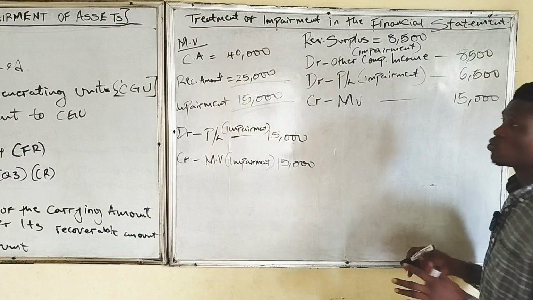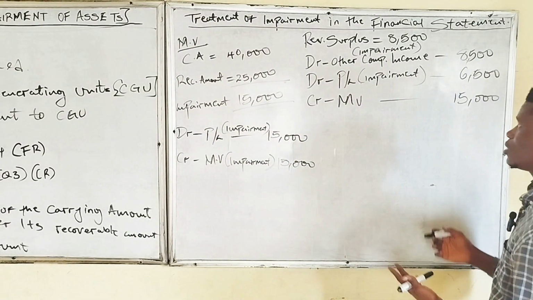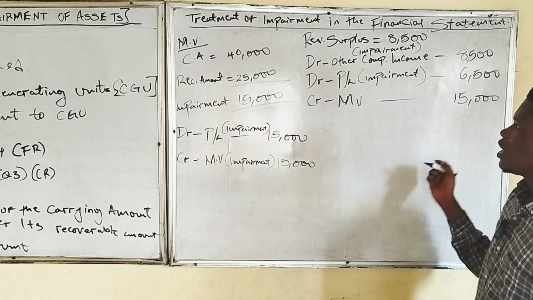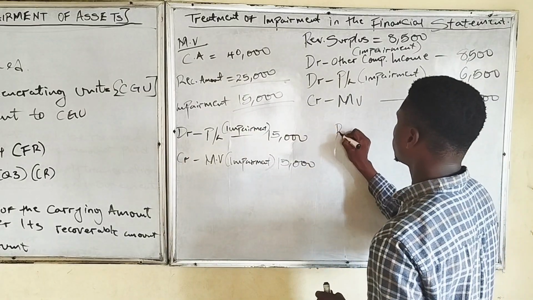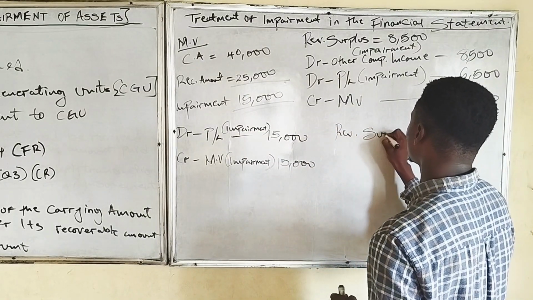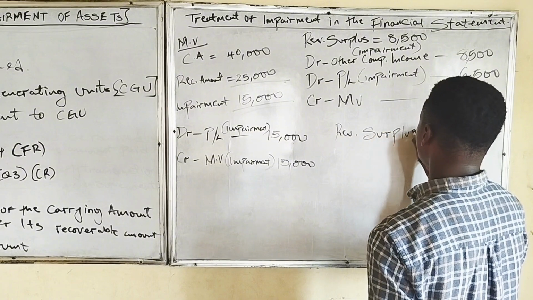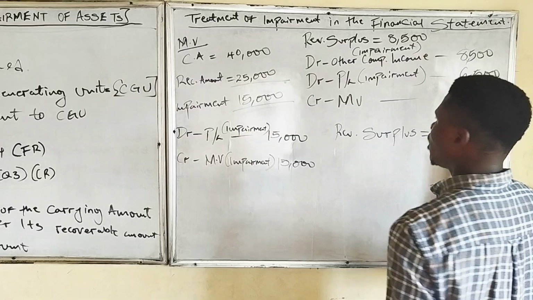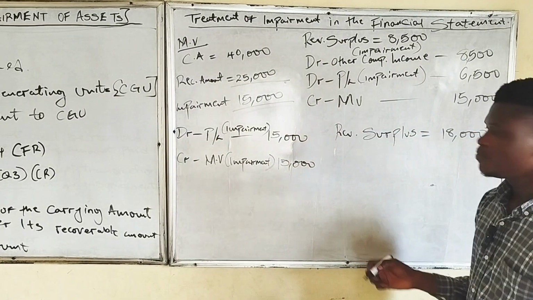The question we're about to solve is on something like this, which is why I need you to understand it. So that is just this. For example, also, if we have a previous revaluation surplus on this same illustration, if there's a previous revaluation surplus of 18,000, and now this year we have an impairment loss of 15,000, how do we pass this entry?